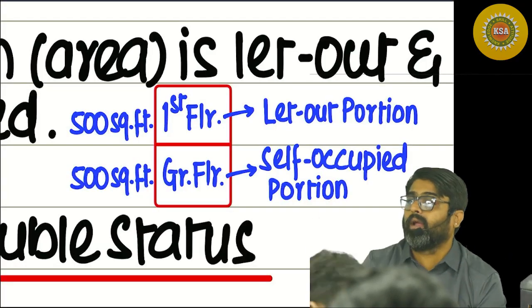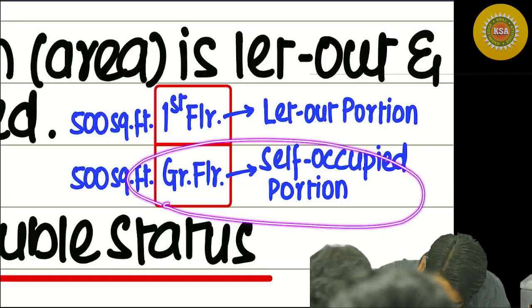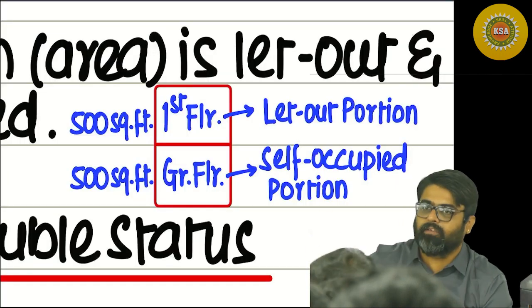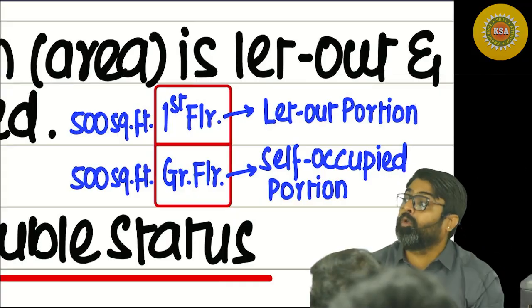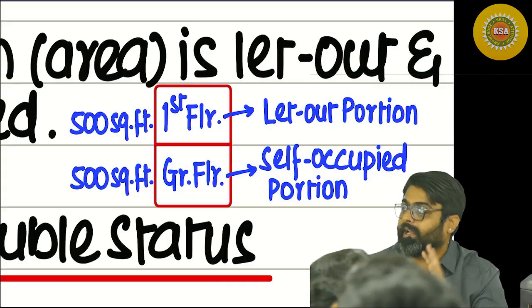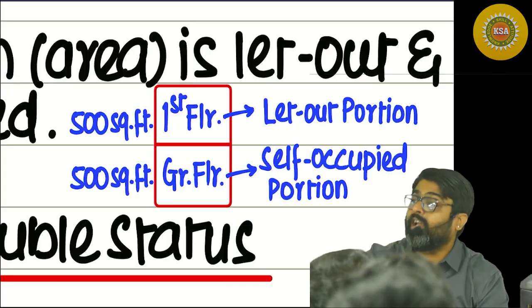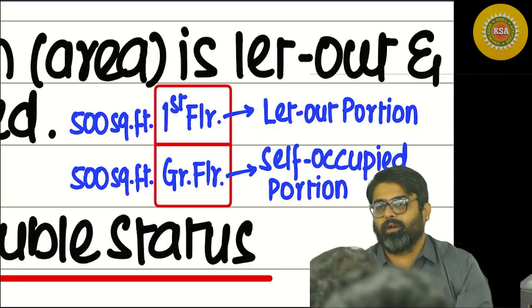This part is the only SOP you have, exempt. This SOP and one more SOP you have, both are exempt, yes or no? This SOP and two more SOPs you are having.